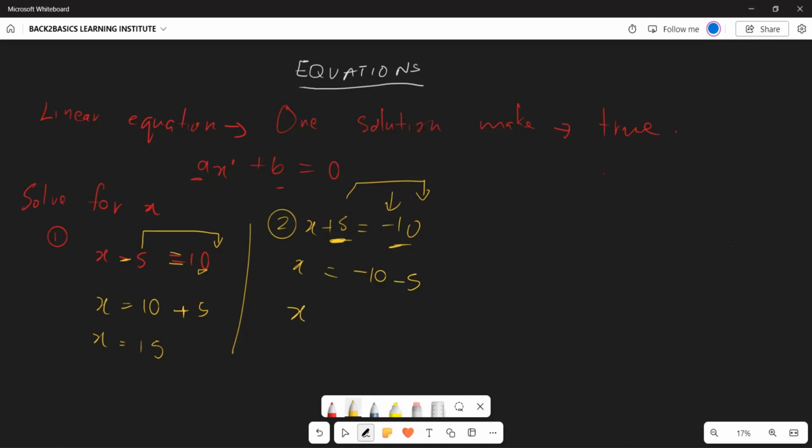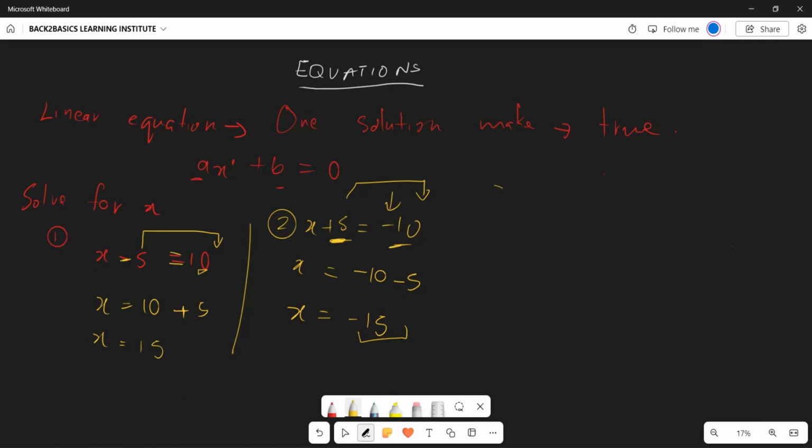So x equals negative 10 minus 5, which gives you negative 15 altogether. So your solution here is negative 15. It is important to understand this: to make the left-hand side equal to the right-hand side, x must be this value.